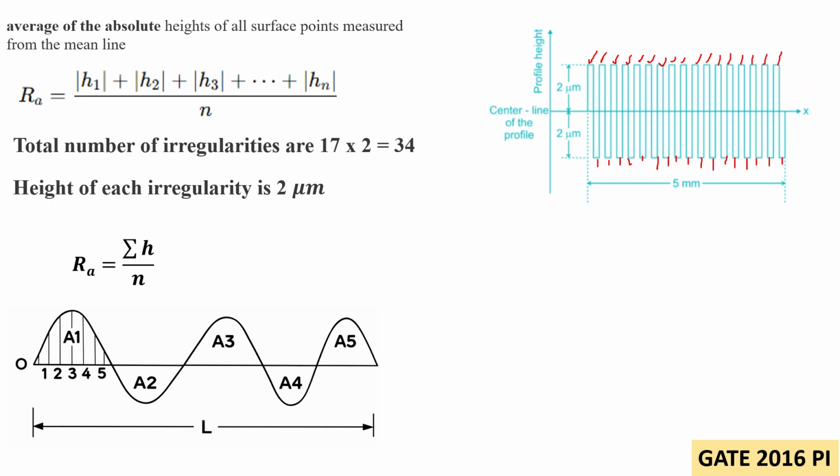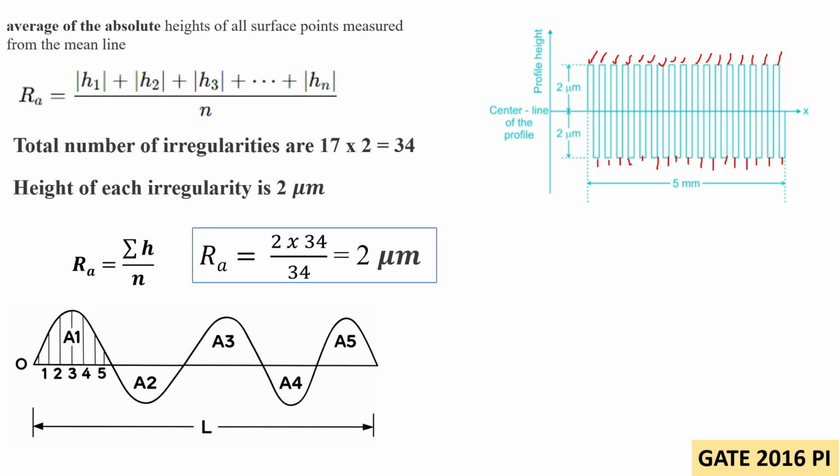Then Ra equals the summation of all these heights divided by the number of irregularities. So Ra value is 2 into 34. Here each height is 2 and the total number of irregularities is 17 plus 17, that is 34.